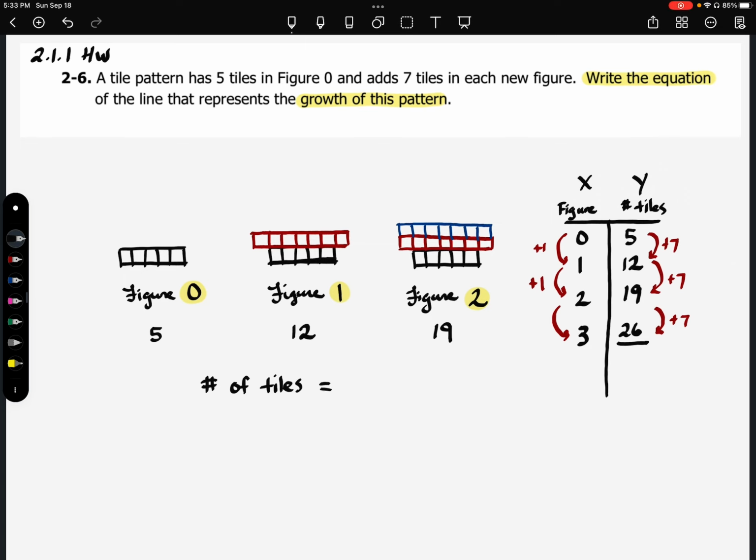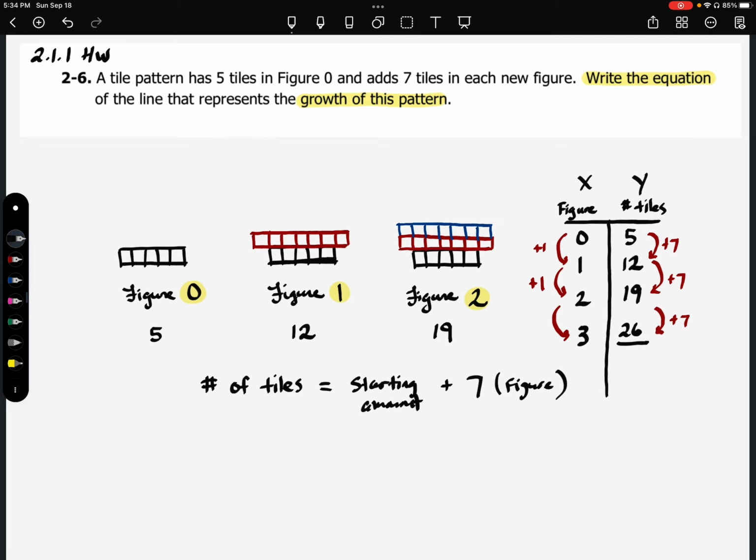And we're going to think about how many did we start with. So our starting amount, and then how many times are we going to add 7? Plus 7 times, like our figure number.